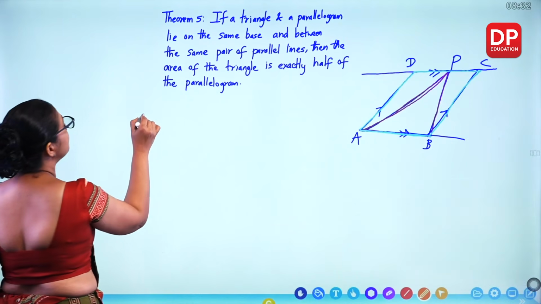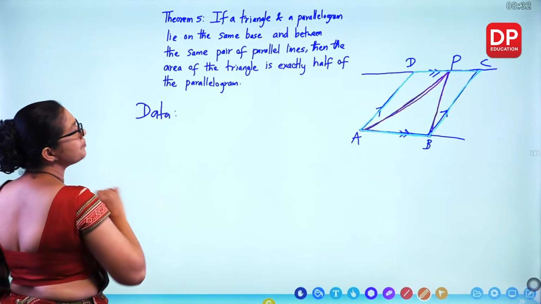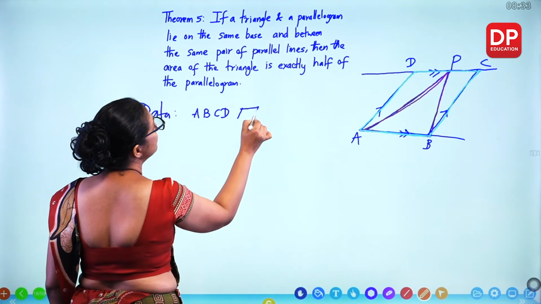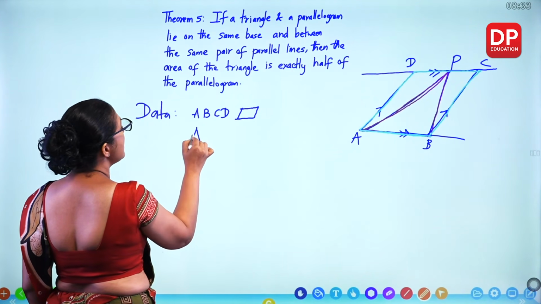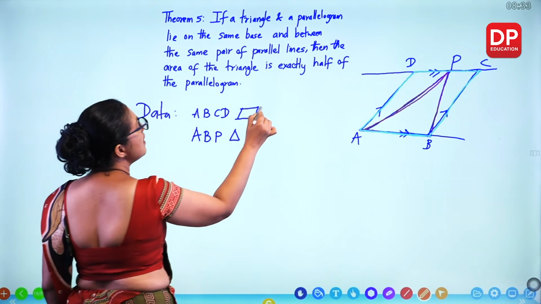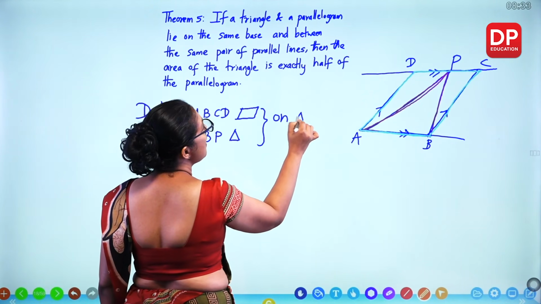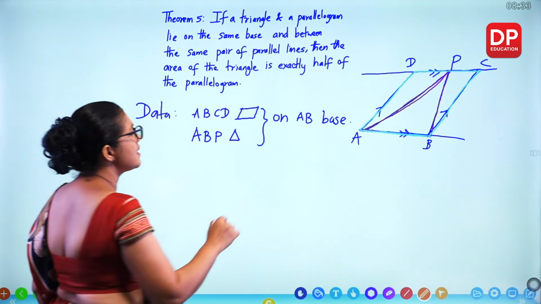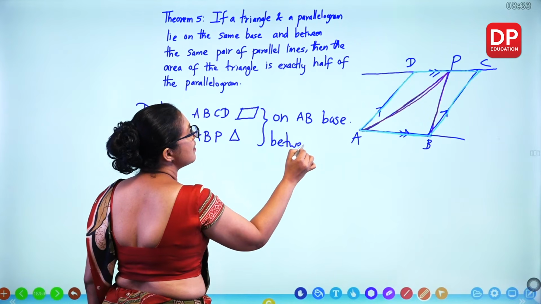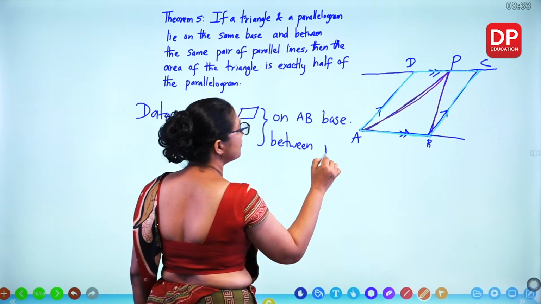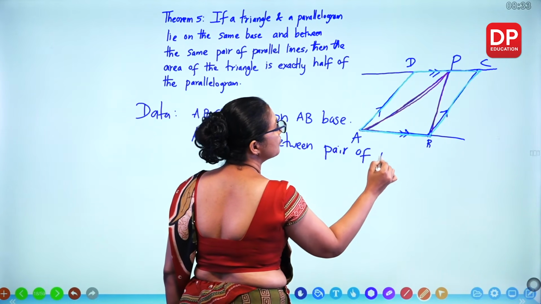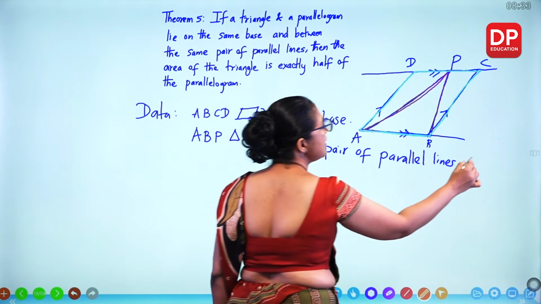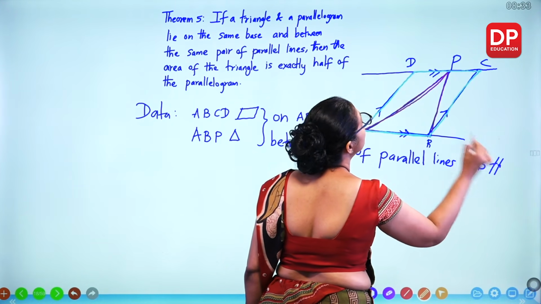So what's given there? Data given: ABCD parallelogram and ABP triangle, both on AB base and between same pair of parallel lines AB and CD.